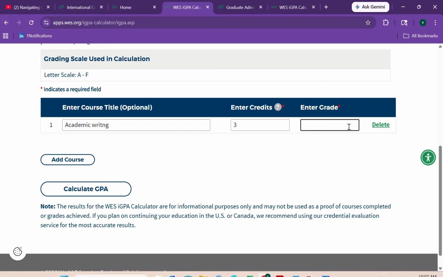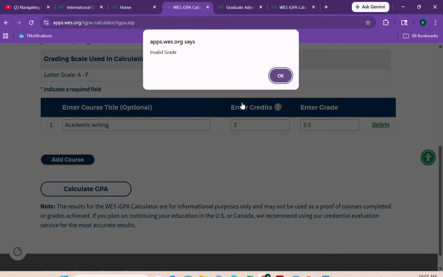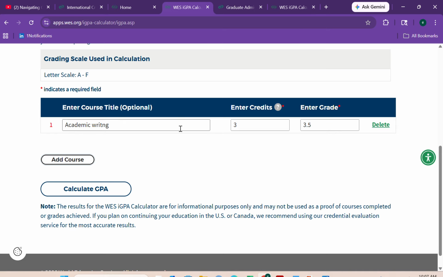Let's say the grade is 3.5. It says invalid, so you just have to follow the process. If it's 3 credits, enter the grade here. Let's say you have a B. Sorry, the grade should be a letter. Let's say B. Then add another course.